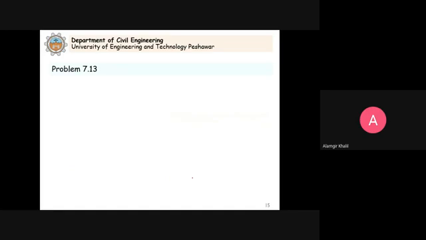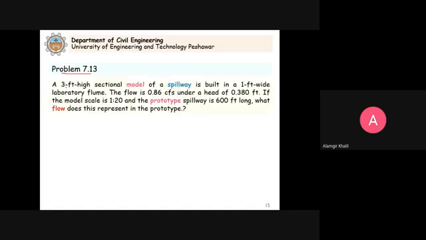Now next we have this problem 7.13. It says that a 3 feet high sectional model of a spillway. So again, spillway, so it means we have to consider the Froude number, is built in a 1 foot wide laboratory flume.